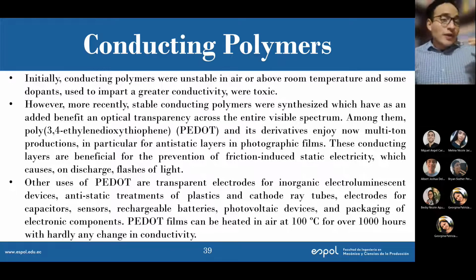And when they started to be synthesized around the 1950s, I believe, they were very unstable in air or above room temperature. Also, a lot of the dopants that were used to give the polymers electrical conductivity were very toxic.